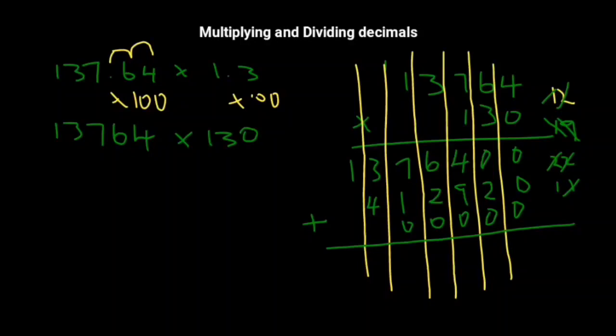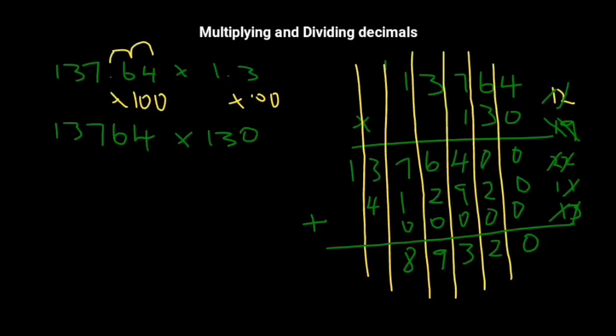So we have 0 plus 0 plus 0 plus 0 gives us 0. 0 plus 2 plus 0 gives us 2. 9 plus 4, which is the same as 10 plus 3, gives us 13. So we're going to write our 13 outside, take our 3, and we have 1 remaining. So we have 6 plus 2, which gives us 8, plus 1 gives us 9. 7 plus 1 gives us 8.